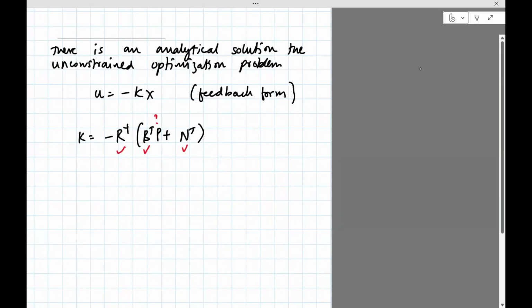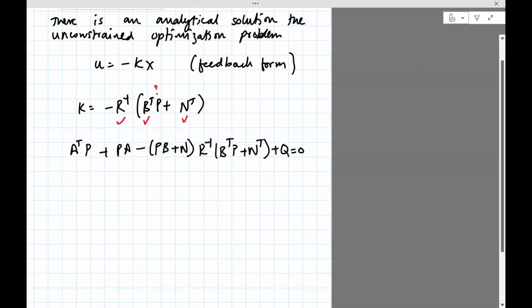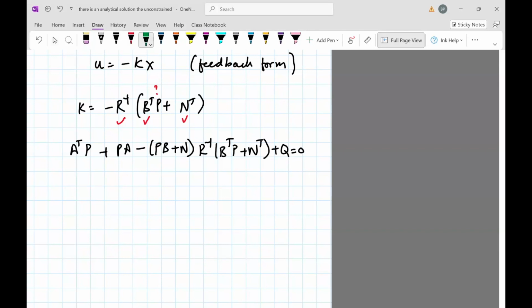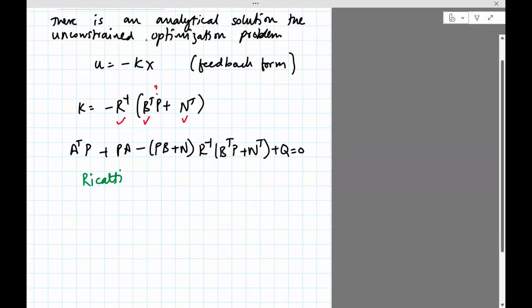It turns out that P is the solution to this particular equation: A transpose P plus PA minus (PB plus N) R inverse (B transpose P plus N transpose) plus Q equals 0. This equation is very famous. It's known as the Riccati equation.